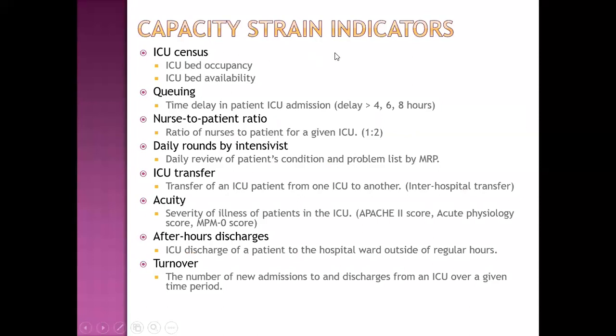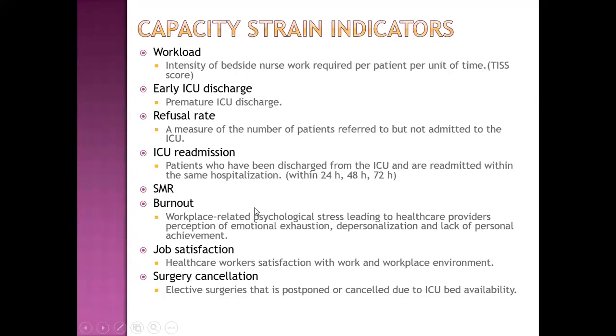So, capacity strain indicators include ICU census like bed occupancy and bed availability, queuing, nurse to patient ratio, daily rounds by intensivist, ICU transfer, ICU acuity, after hours discharges, turnover, workload, early ICU discharge, refusal rate, ICU readmission, standardized mortality rate, burnout, job satisfaction, and surgery cancellations, elective surgeries which are postponed or cancelled due to ICU bed unavailability.